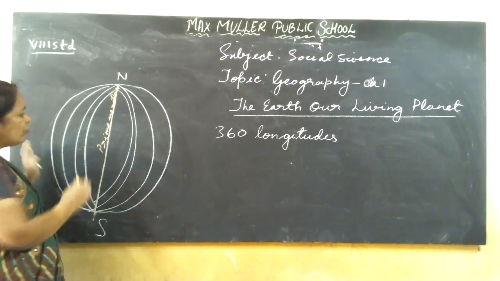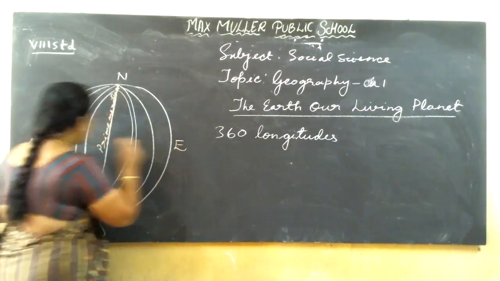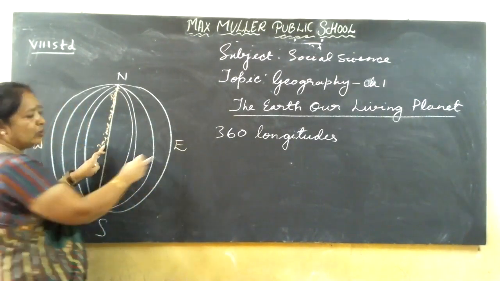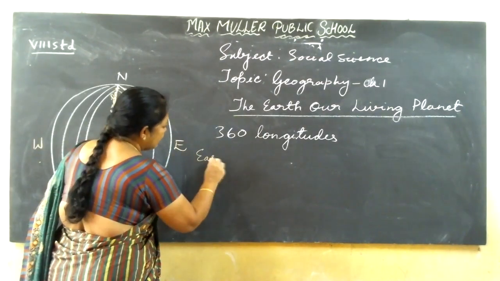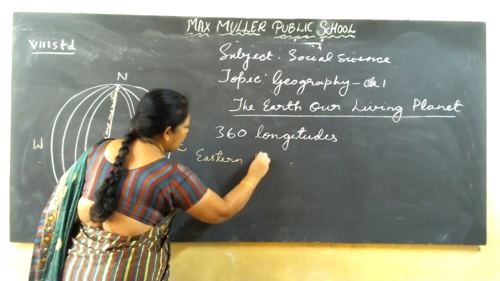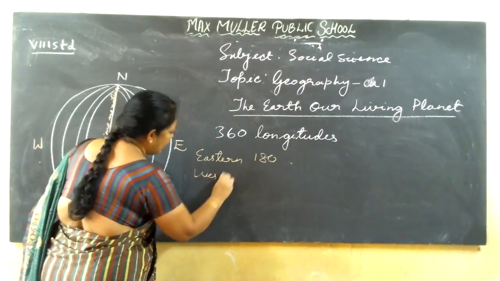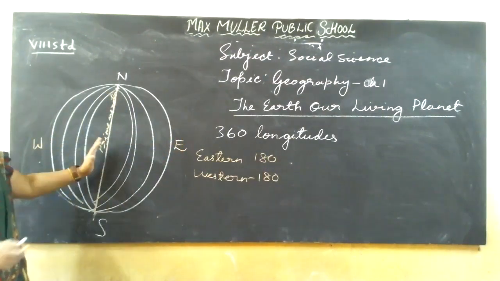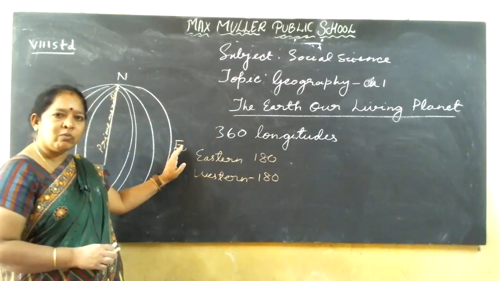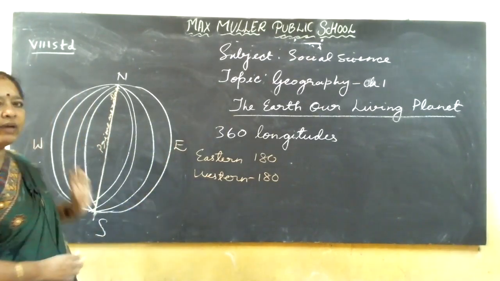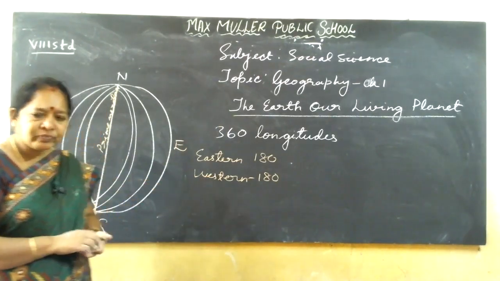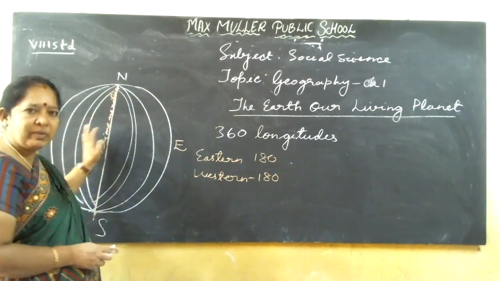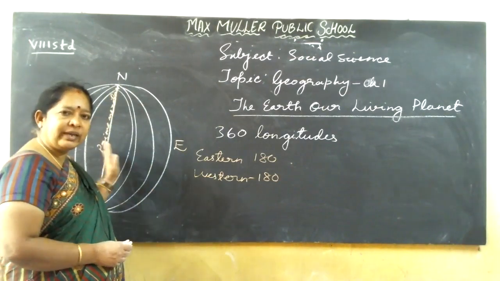From it, to the eastern side we have 180, and to the western side we have 180 longitudes. The center one is the prime meridian, which is also known as Greenwich.